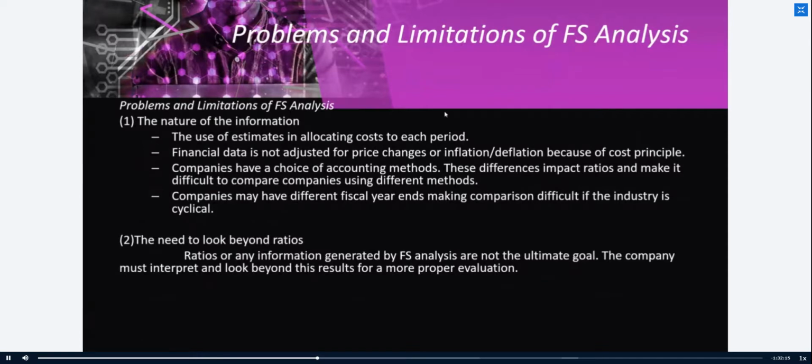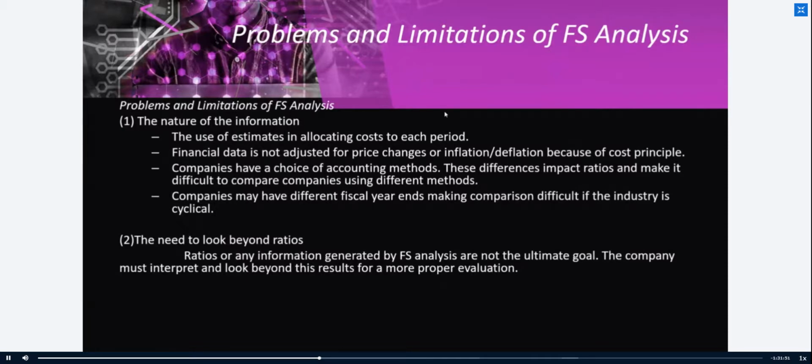So, class, basically, what this is telling us is that while financial statement analysis is really a good way to predict the future, by looking at past performance, or past data, or our financial statements, there are challenges.